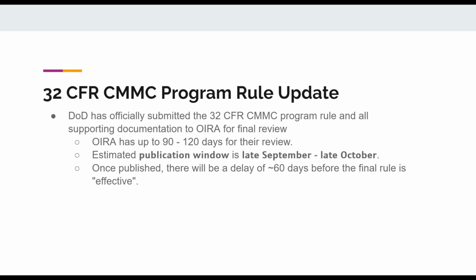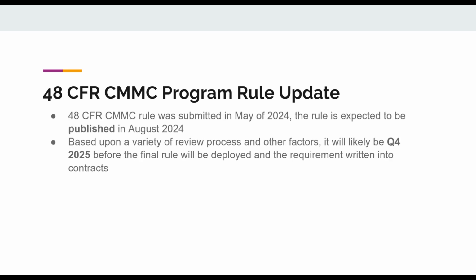That could happen as soon as potentially January, with the estimated timeline listed out here. Once it's published, there's a time delay of 60 days from publication before it's effective. So Merry Christmas is basically what this is saying. And with 48 CFR, it was submitted in May of 2024 and is therefore expected to be published potentially this month.